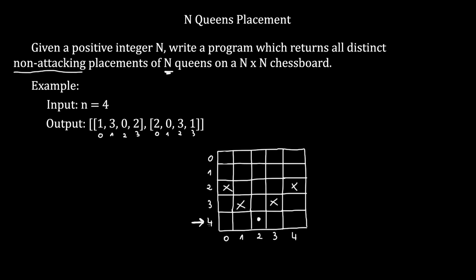This is row 4 and column 2, right? Now, the cells that I am going to attack, of course, first of all, are only going to be on rows that are smaller than mine, because I haven't actually placed any queen here on row 5 or 6 if I had them. So I only need to check for the queens above myself.